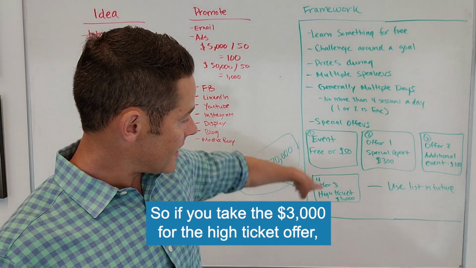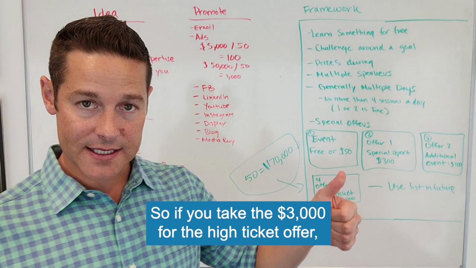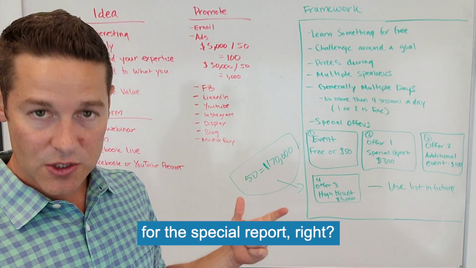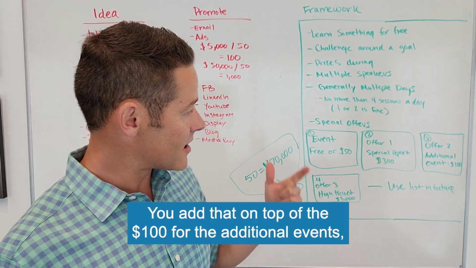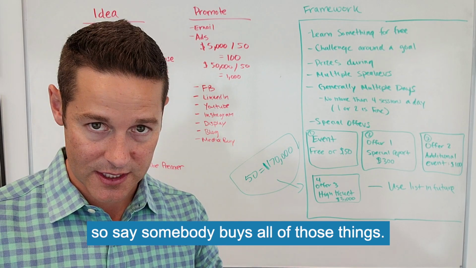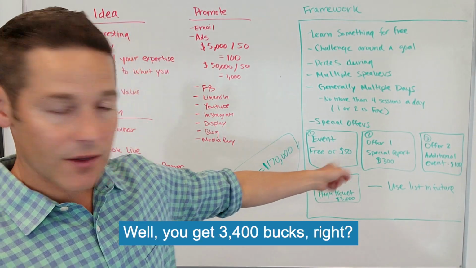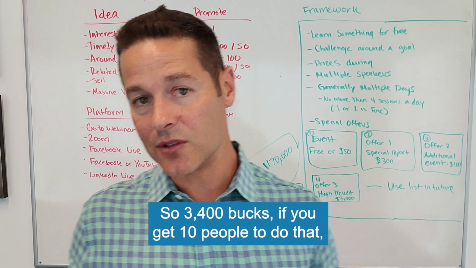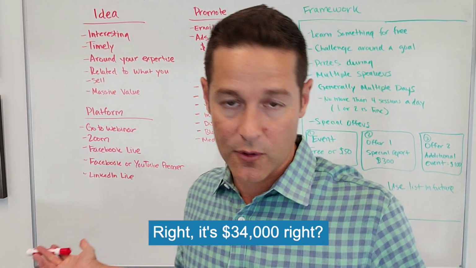So if you take the $3,000 for the high ticket offer, you add that on top of the $300 for the special report, right? You add that on top of the $100 for the additional event. So say somebody buys all of those things, what do you get? Well, you get $3,400, right? So $3,400, if you get 10 people to do that, what is that, right? It's $34,000, right?